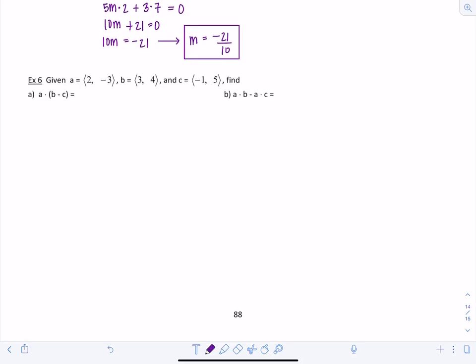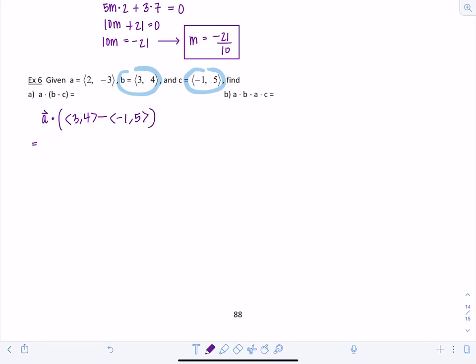All right, and then just a couple last exercises. Given vectors A, B, and C, find the following. So we need A dotted with B minus C. So B is here, C is here. I'll write it out. So B minus C is going to be 3, 4 minus negative 1, 5.